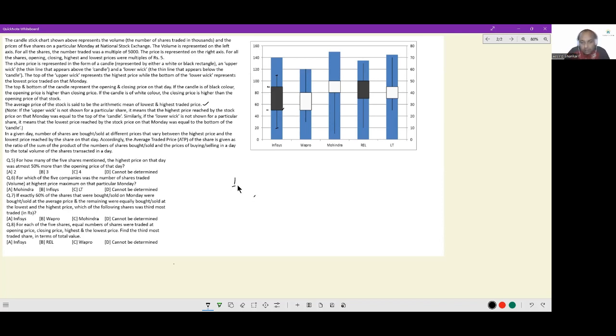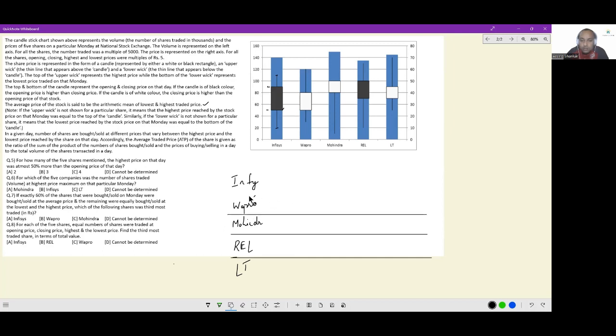Let's go ahead and do that. We have Infi, we have Wipro, we have Mahindra, we have REL, and we have LT. Now, for each of these companies, what information can we capture? Let me first make rows.